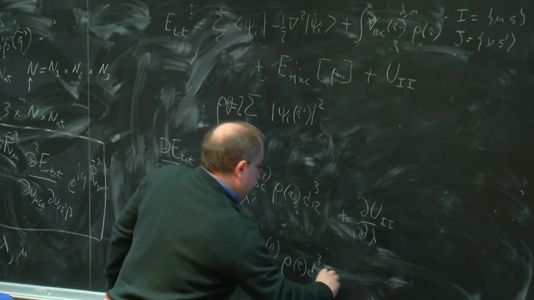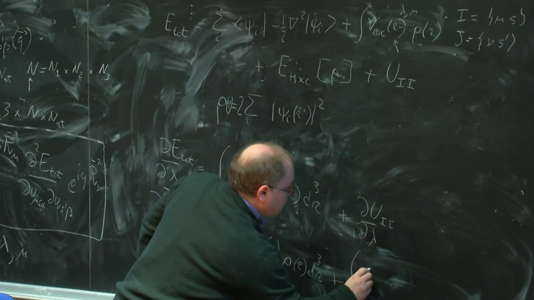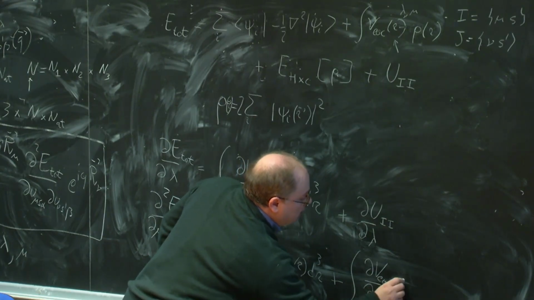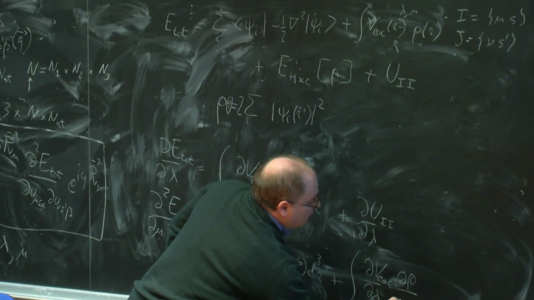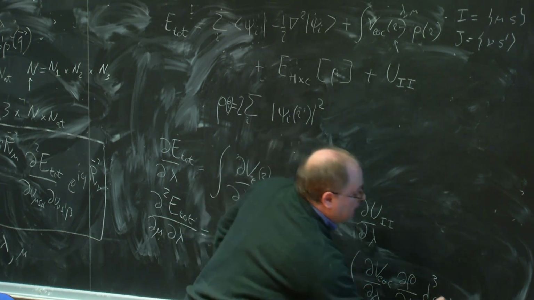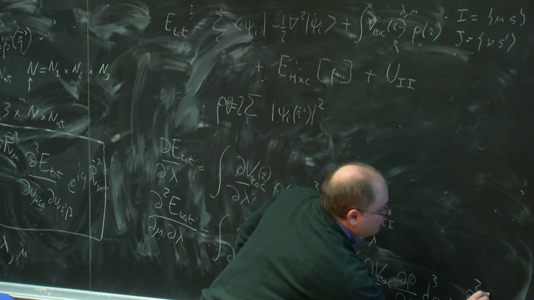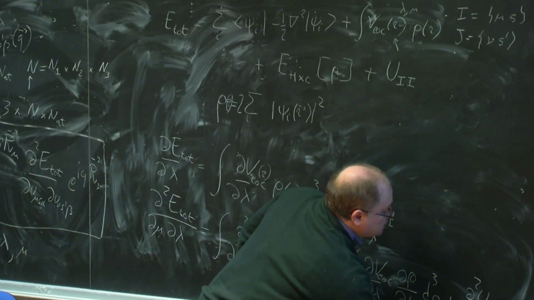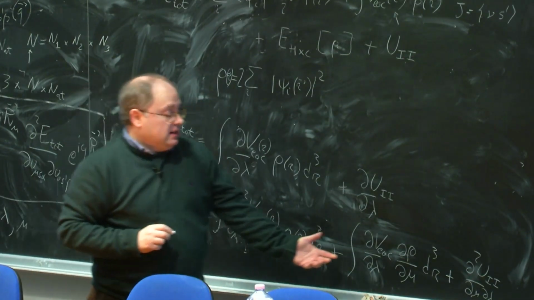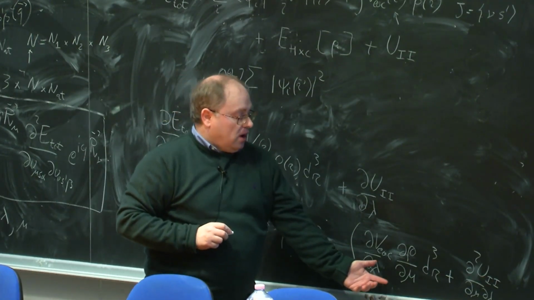We have to derive this term. We have the derivative of the local potential with respect to lambda, multiplied by the derivative of rho with respect to mu, d3r, plus the second derivative of the ion energy with respect to mu and lambda. And this is the difficult part, because a new object appears.